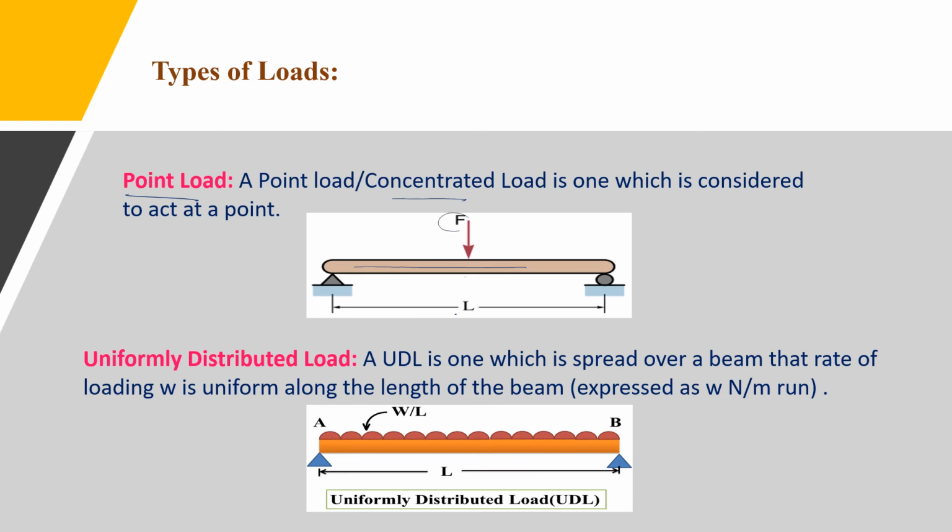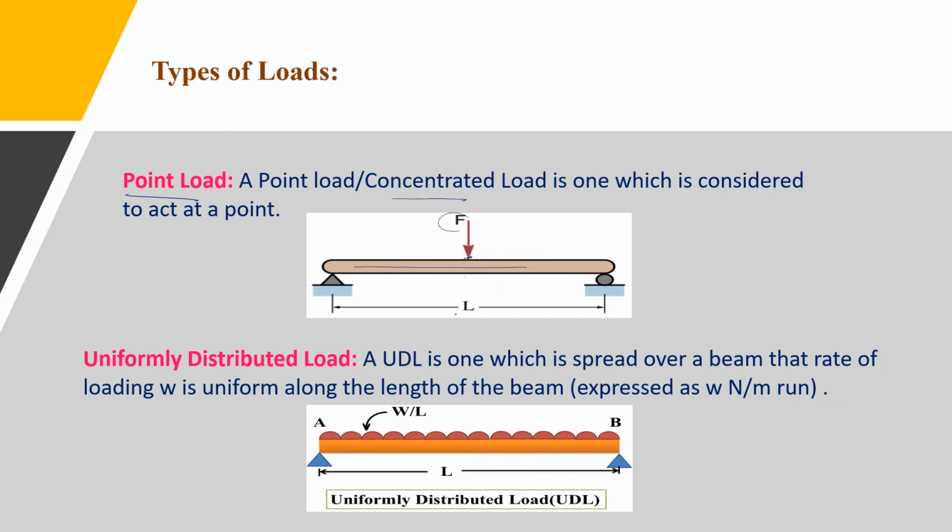This point load is acting at this point. It is considered to act at a point only, and that force is acting at this point only. That's why this type of load is called a point load or concentrated load.